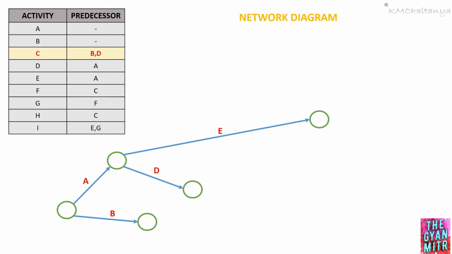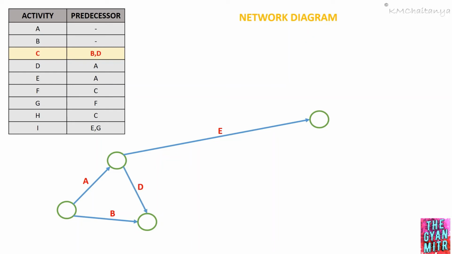Now I can see from my network diagram I have both activity B as well as activity D. But in order to draw activity C, I need to have the predecessor B as well as D. Whereas in the network, I have activity D which is completing at some other time. So in order to get B and D as the predecessor, I need to erase activity D and draw something like this.